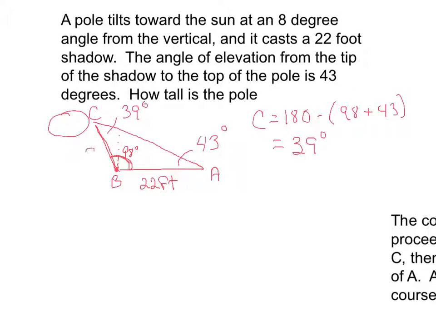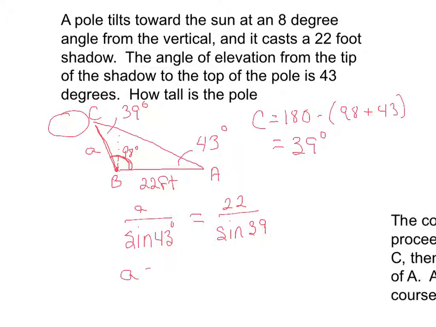We are trying to find side A. That's the height of the pole. So if we use the information we have with the law of sines, we know that side A over the sine of 43 degrees is going to be equal to side C over the sine of C, which is 39 degrees.